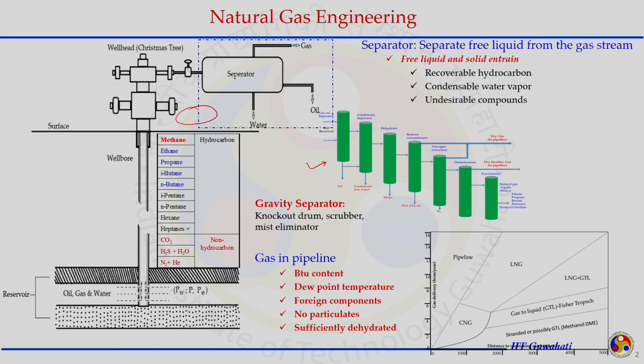And undesirable compounds, for example H2S, CO2 and other compounds, need to be separated. How effectively the other units work primarily depends on the separator. Thus, choosing and designing an appropriate separator is most important.